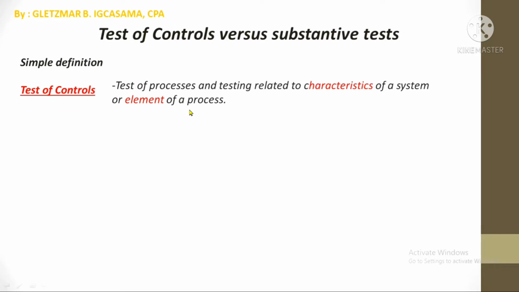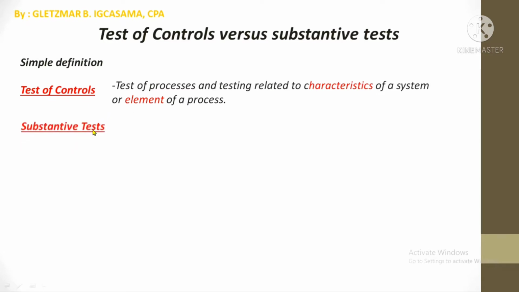So meaning if you are going to test the processes, the characteristics of a process or a system, or an element of a process or a system, that's test of control. I know this doesn't make sense yet, but later I'll give examples and it will make sense, okay?